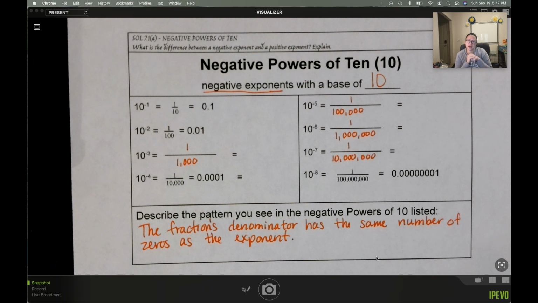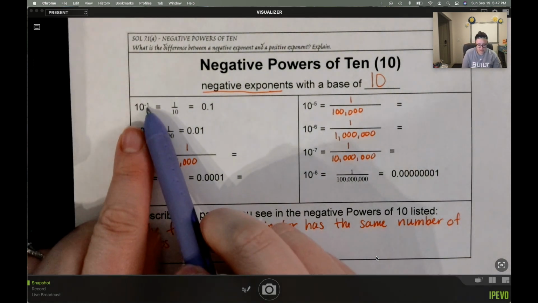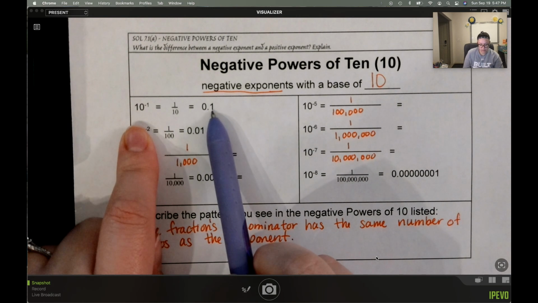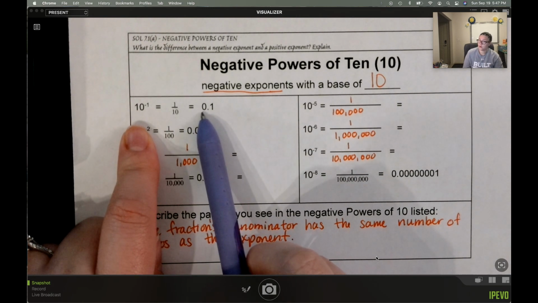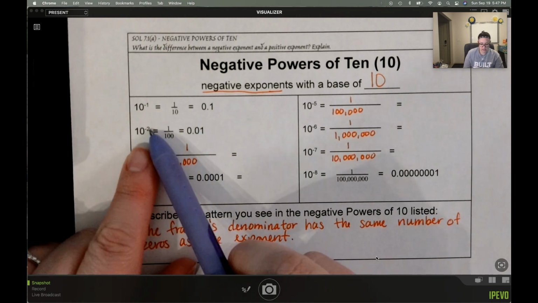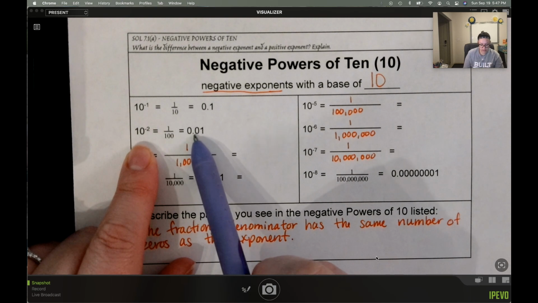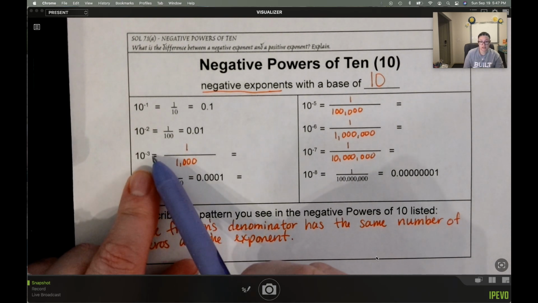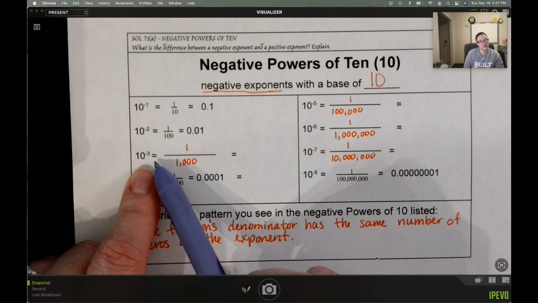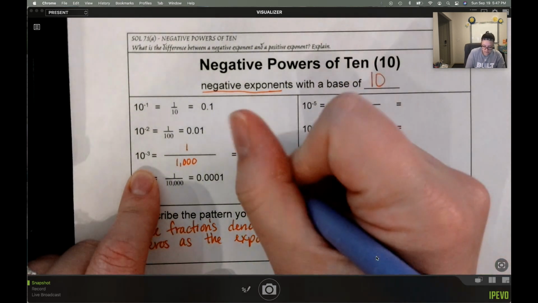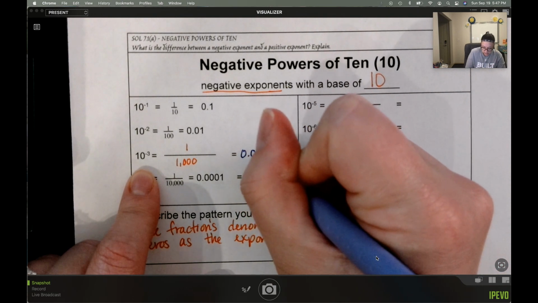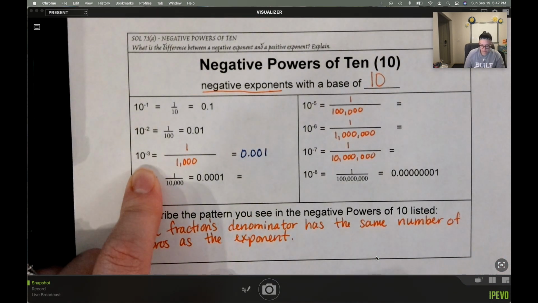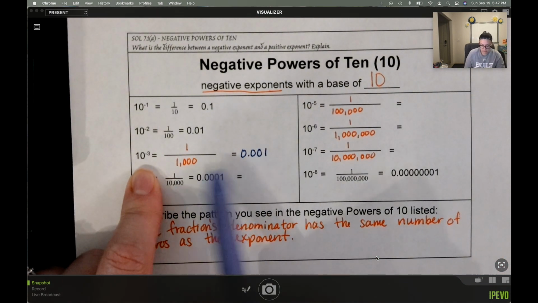Let's see if we can find a pattern with the decimals. 10 to the negative 1, we have 0.1. 10 to the negative 2, 0.01, 2 zeros. 10 to the negative 3, what do you think that's going to be? 0.001, 3 zeros.